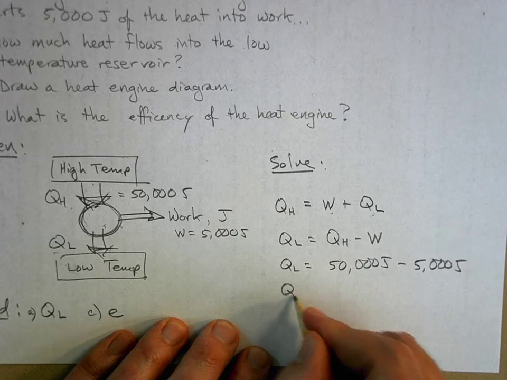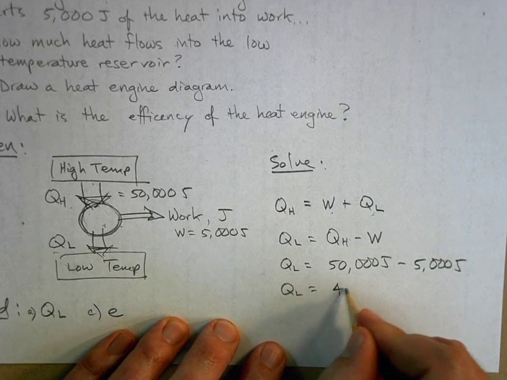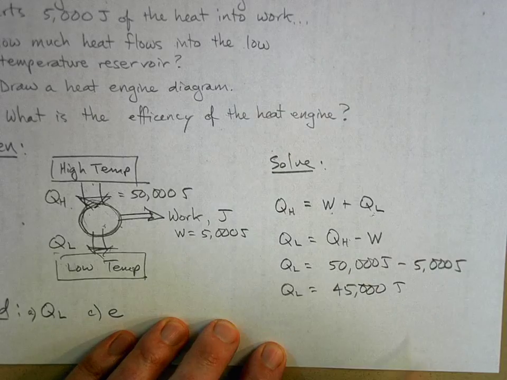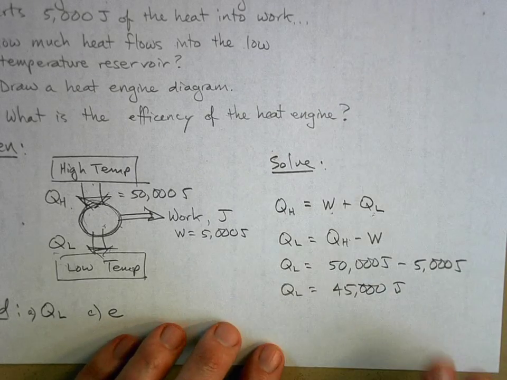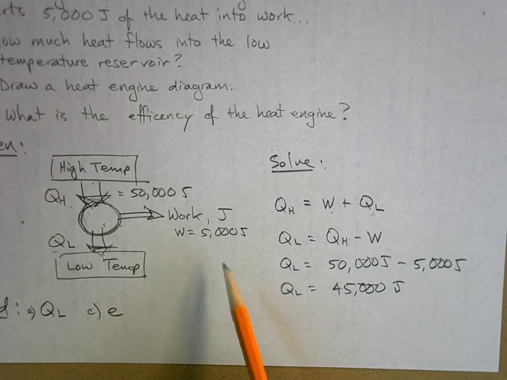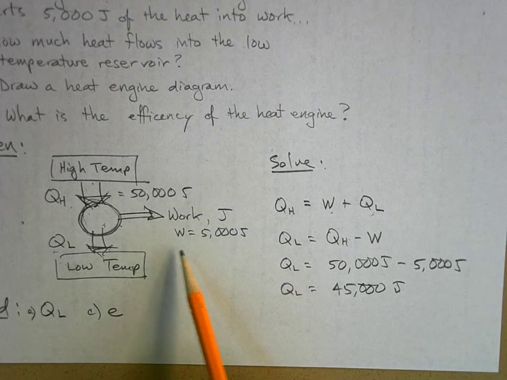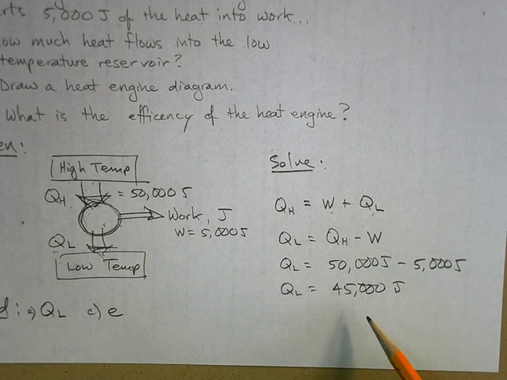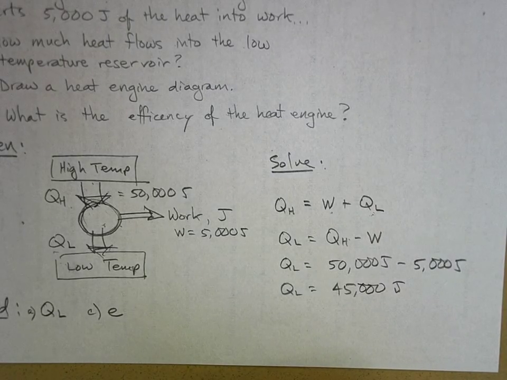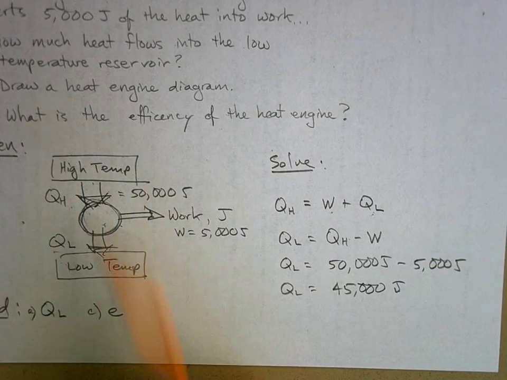So this is really easy to do. I mean, the arithmetic is trivial. The concepts are important. Okay? So if you're only getting 5,000 joules out of this thing, where's that other 45,000 joules got to go? Out the exhaust pipe, into the environment, wasting high quality energy and turning it into low quality energy.